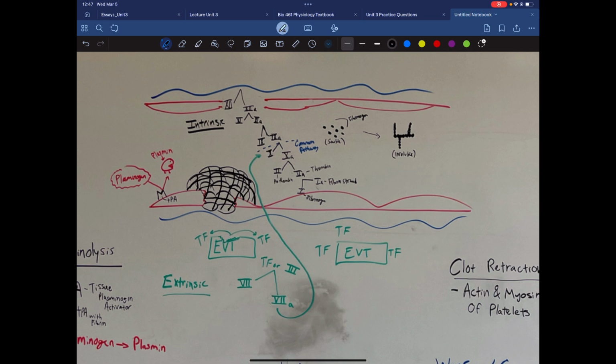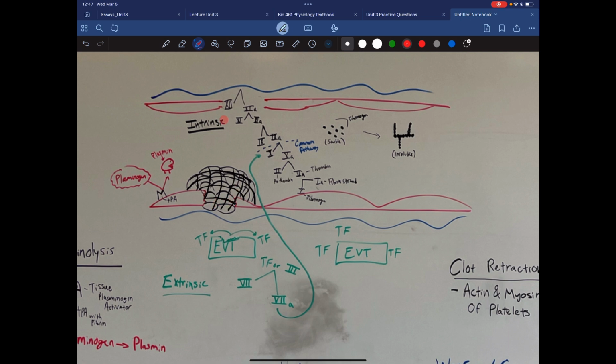The reason this is important is because it keeps the platelet plug from breaking off and moving down the bloodstream and causing trouble, like causing an embolus.